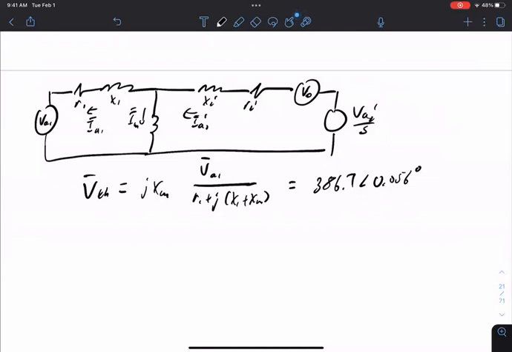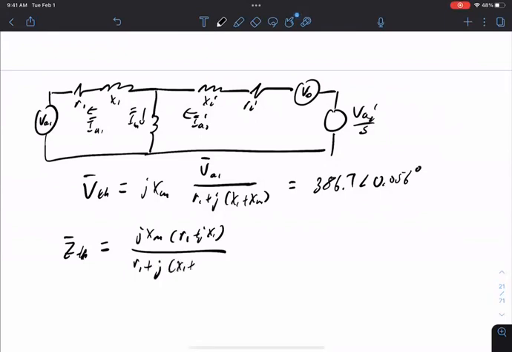So this is the voltage. Now let's compute the Thevenin equivalent impedance: jXM in parallel with R1 plus jX1. Putting all this together, 0.1457 angle 88.15 degrees.